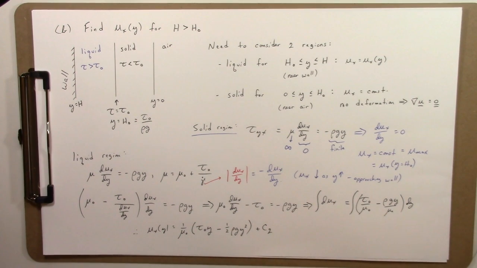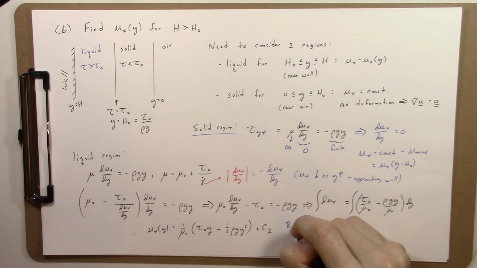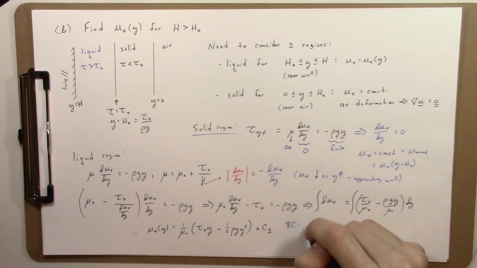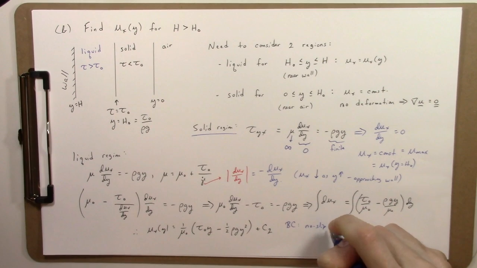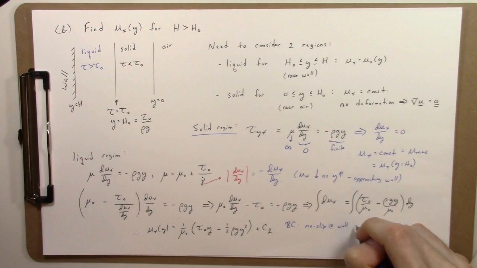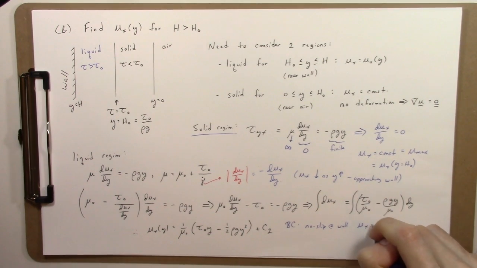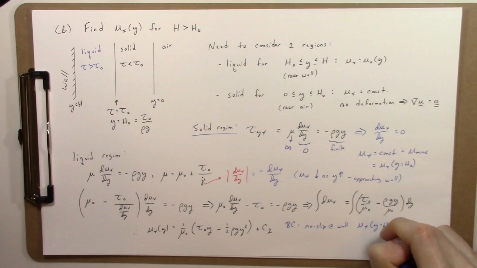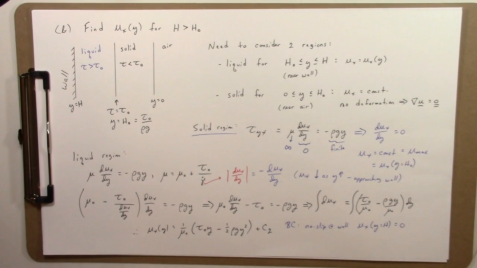So we need a boundary condition. The boundary condition would be no slip at the wall. So in other words, ux at y equal to capital H is equal to 0.